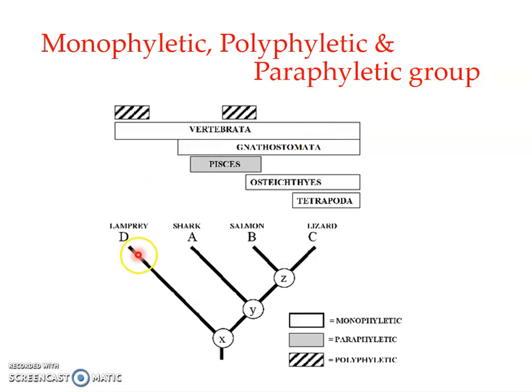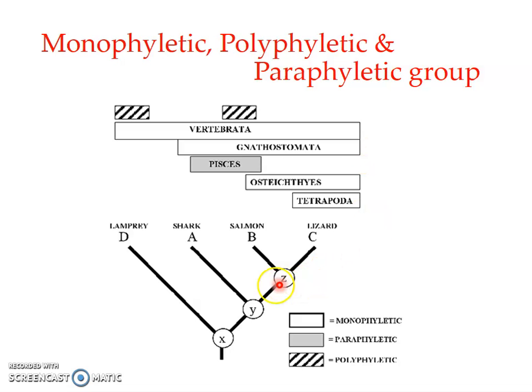The species A, B, C, D and the ancestor X together form a clade, and the name of the clade is Vertebrata. Clear? Similarly, when we consider the ancestor Y and all the descendants from Y as a single clade or monophyletic group, the clade is known as Gnathostomata.